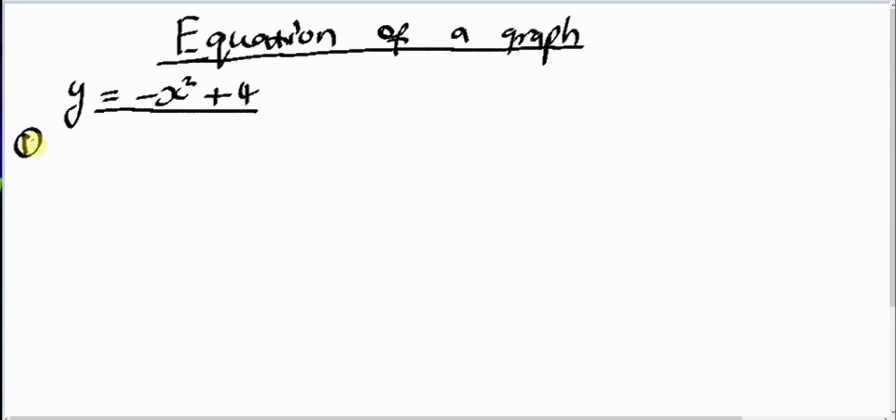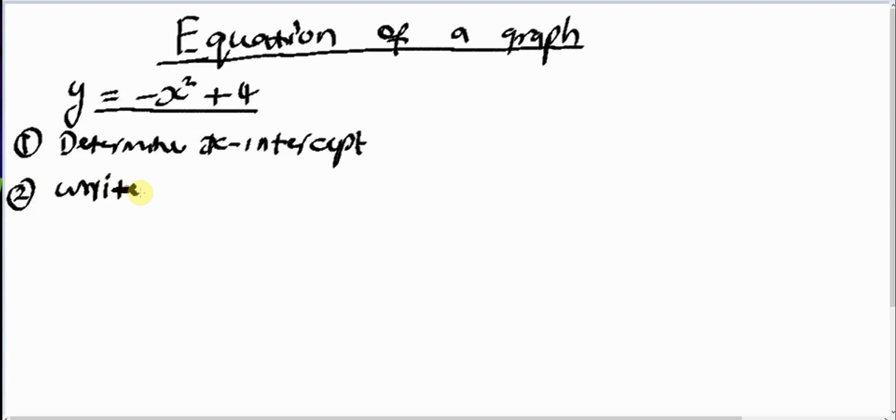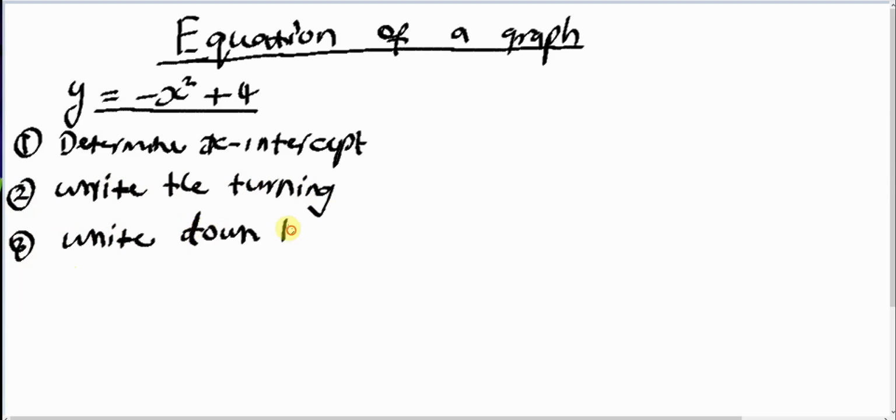So maybe the questions that I can have here are: 1, determine the x-intercept of the graph, and then secondly, write down the turning point, and then the third question, write down the range of the graph, and then maybe fourth, sketch the function, right?